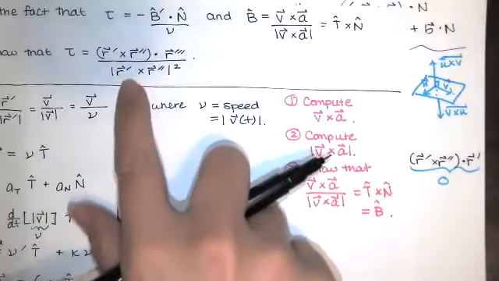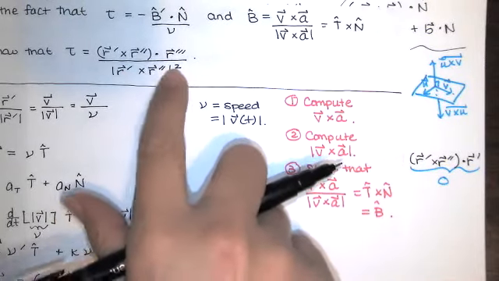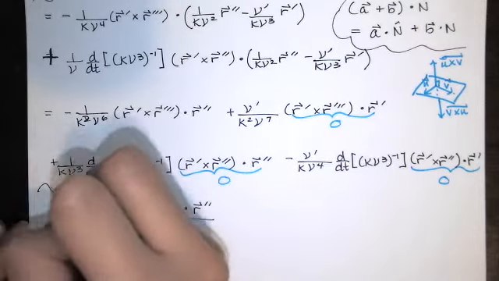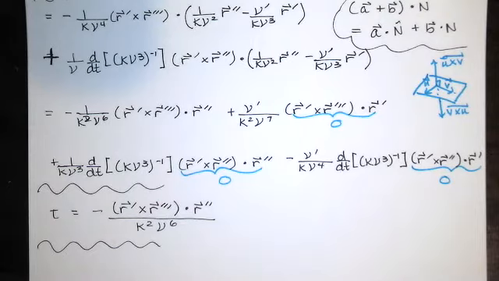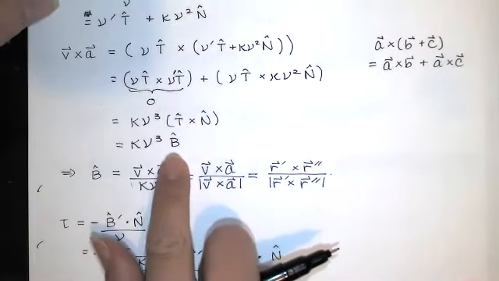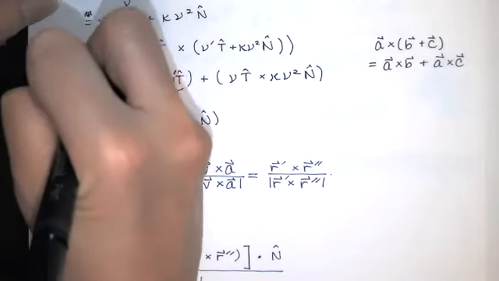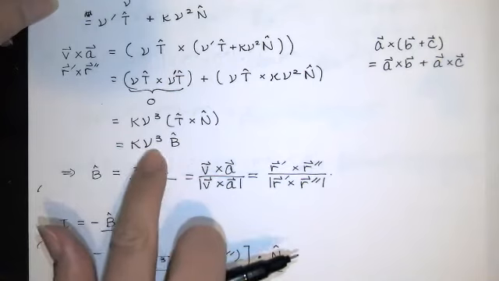And this denominator is supposed to be the magnitude of the cross product of r prime and r double prime squared. So let's look at that. Remember what we did earlier when we came up with that formula for b hat? We used the cross product of r prime and r double prime to get this, and then we said that the magnitude of this was kappa times nu to the 3rd.